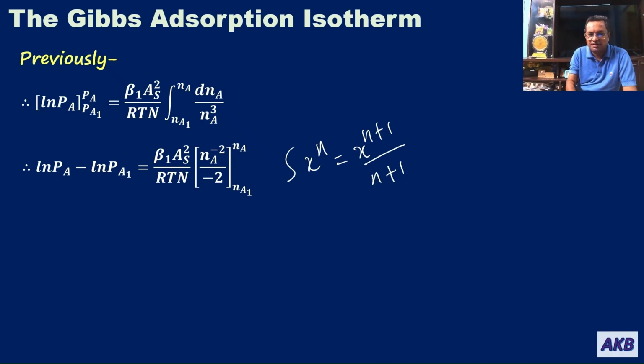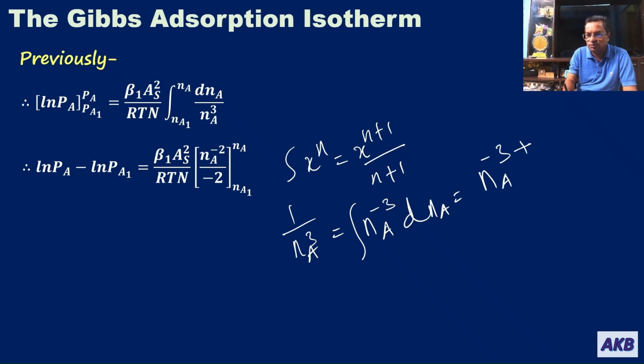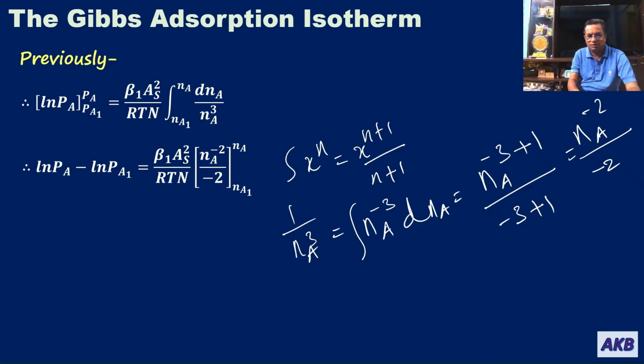So in this case, you have 1 upon Na cube, that is Na raised to minus 3, and integration of this will be Na raised to minus 3 plus 1 divided by minus 3 plus 1. So that is Na raised to minus 2 divided by minus 2. That is why you are getting this term. I hope you understand this. Okay, I will erase it.